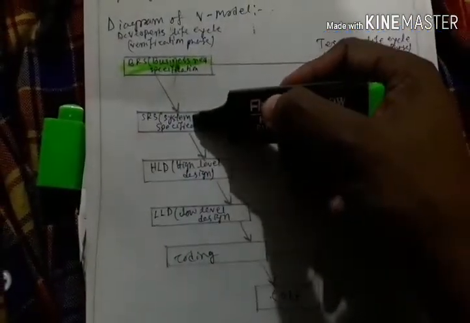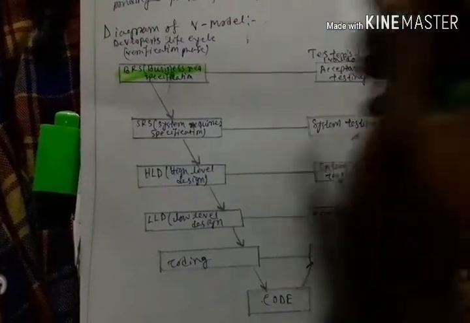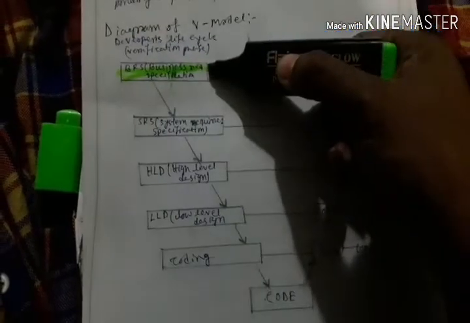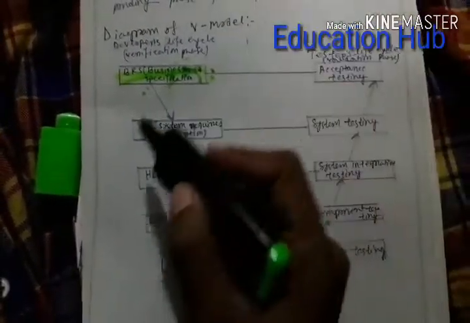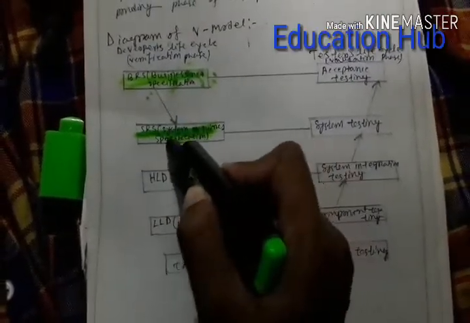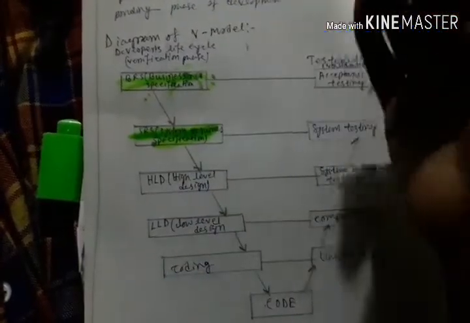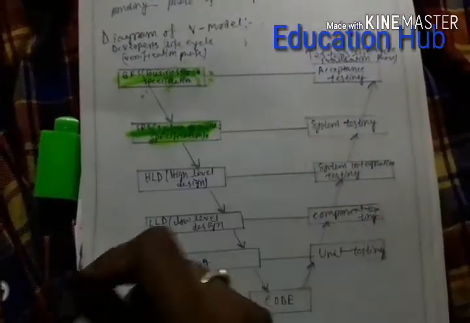Now the next phase is system requirement and specification. Whatever the customer's business needs are coming in the development cycle phases, first the customer's business needs come. After that, obviously, the next phase is the system requirement. Obviously, for designing that phase you need some required system.